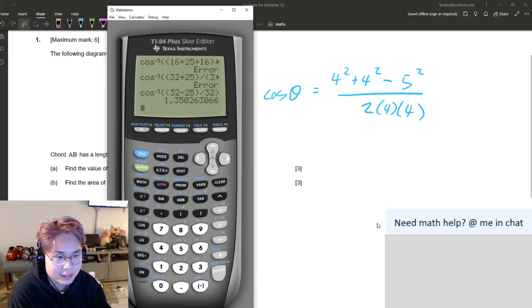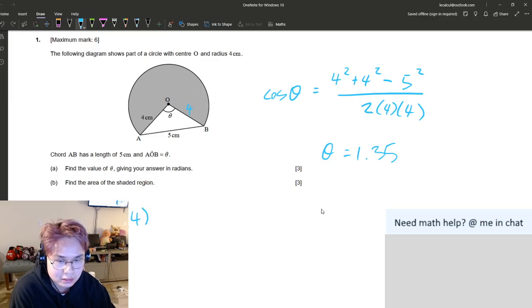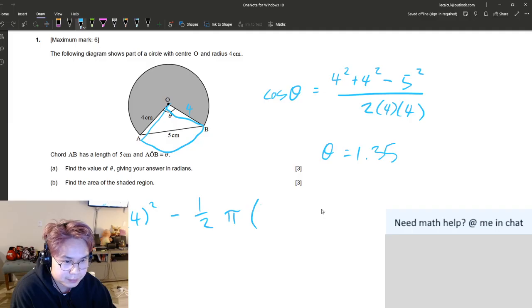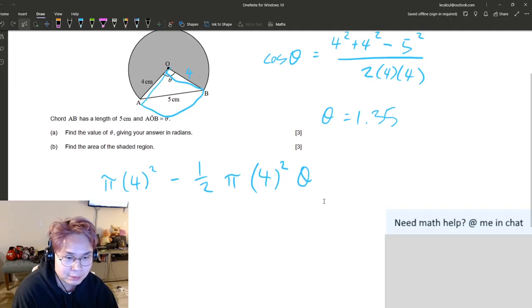Here we are. Okay, so this is your angle in radians. So there it is. And then we need to find the area of the shaded region, so that's just the area of the circle, subtract the area of the sector right here, which is 1/2 times the radius squared times theta, which luckily I still remember from last time.